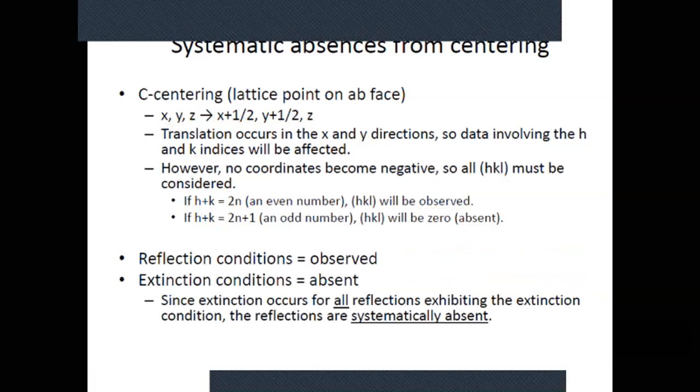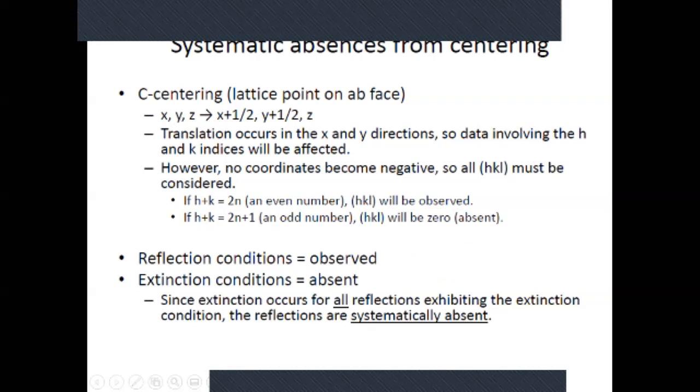So again, you can look at two things: the reflection conditions, which means they're observed, in this case the even numbers, or the extinction conditions, which are absent. I prefer to look at the extinction conditions because it's easier to see if something is absent versus present.